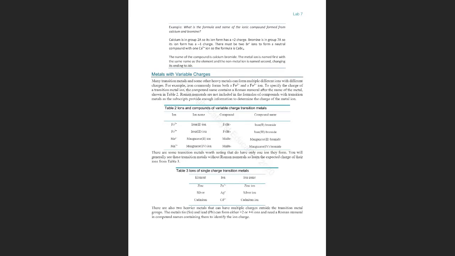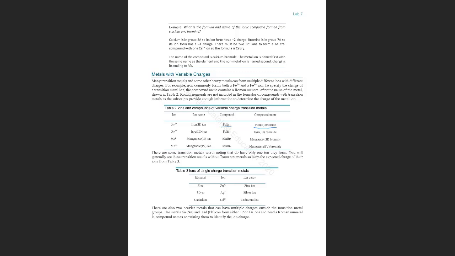So you'll either be given a formula, in which case you can determine what the name is, or you'll be given the name, in which case you'll determine what the formula is. But you have to be given either the formula or the charge in the name of those transition metals. So those transition metals are going to have a Roman numeral next to them.